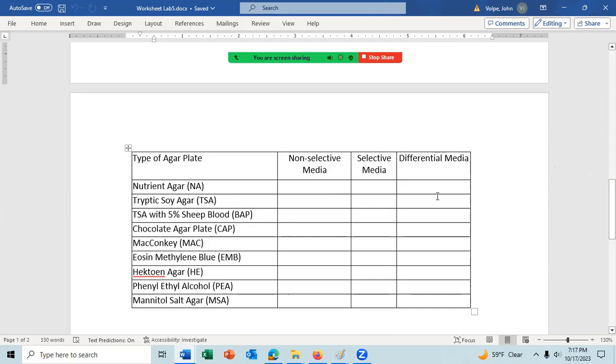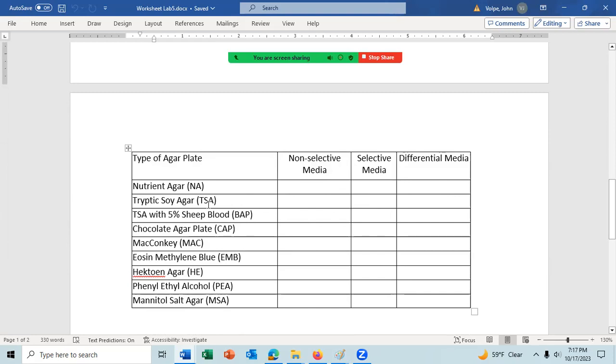For some of them, you will need to put 2 X's on the type of media, okay? And you all know that we have selective and differential media, so those will be ones that are both selective and differential.